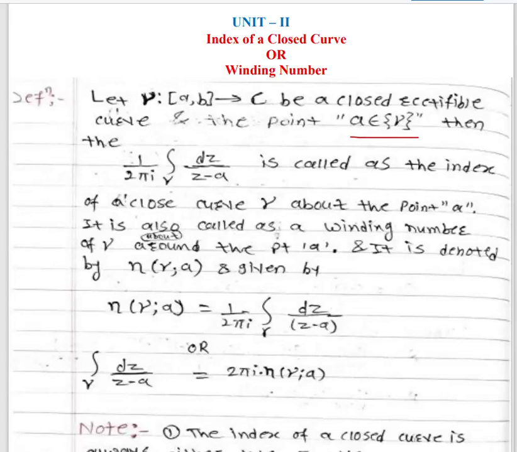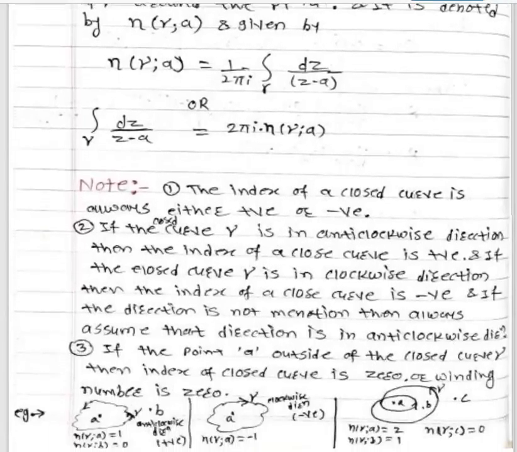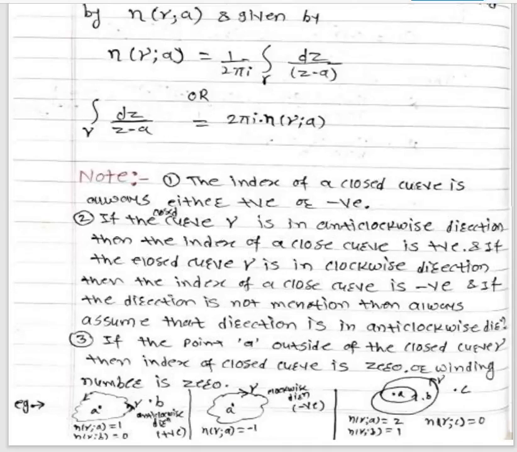Now we will see some notes related to the index number. Note number 1: the index of a closed curve is always either positive or negative.